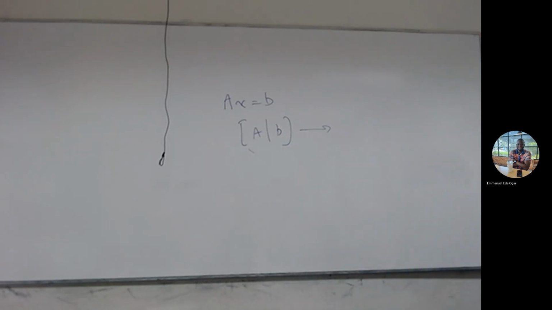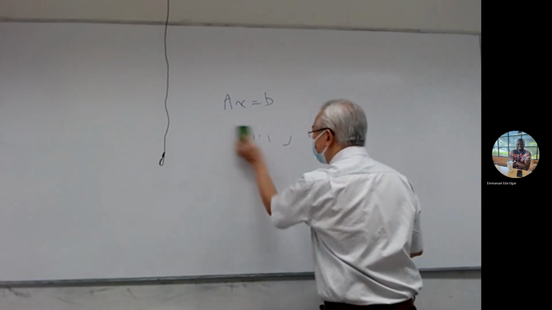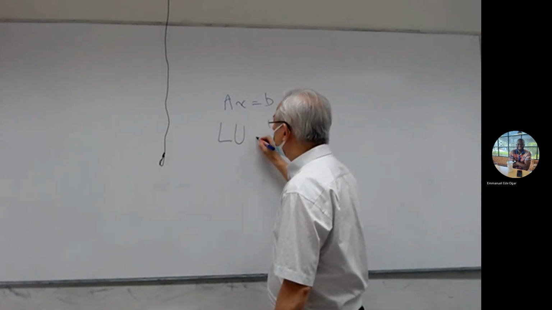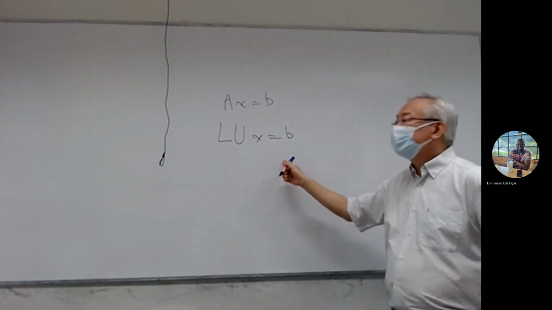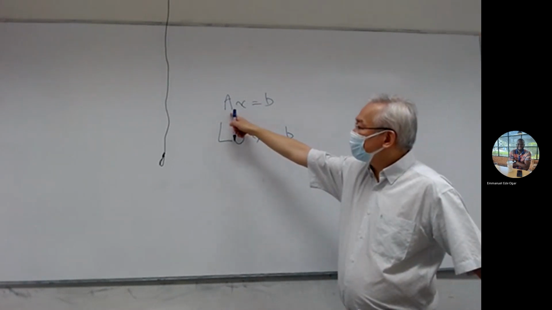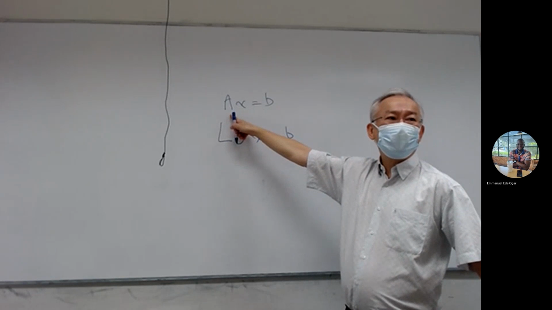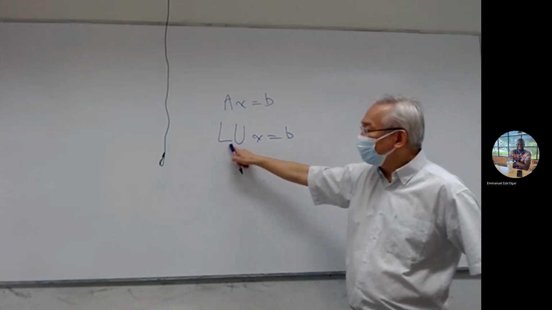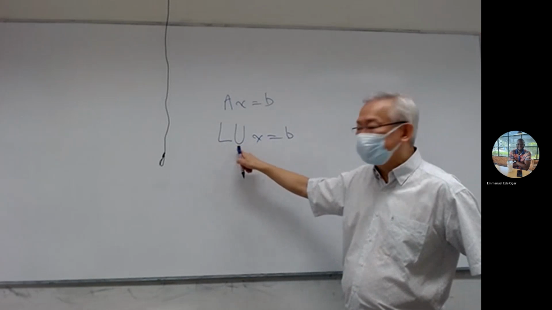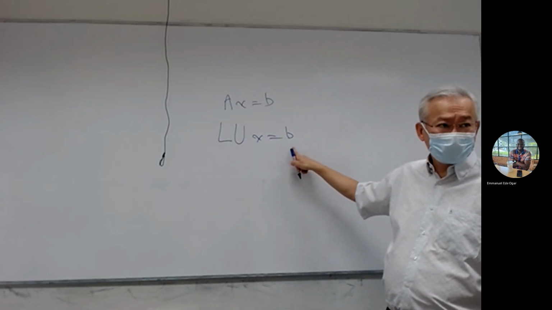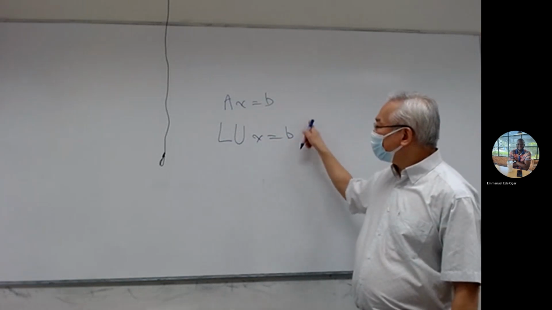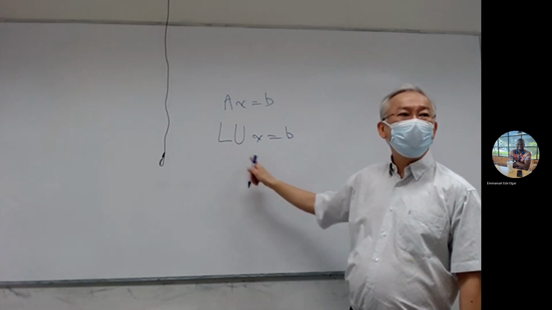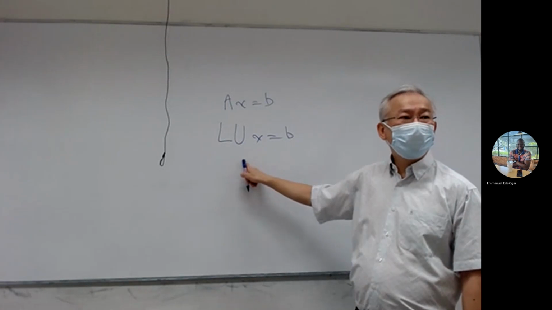Now, if we solve this using the LU factorization, once the A matrix is factorized, we store the LU. The LU factors do not depend on the vector B. So for each B that we change, we don't have to refactorize. We only do the substitution.